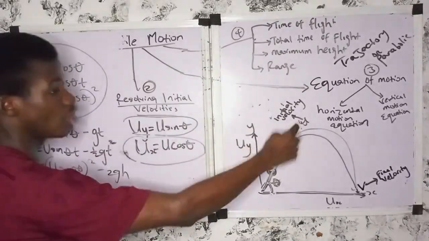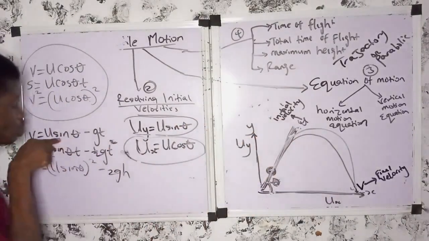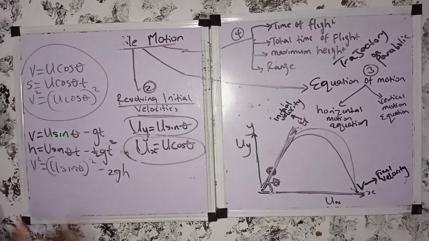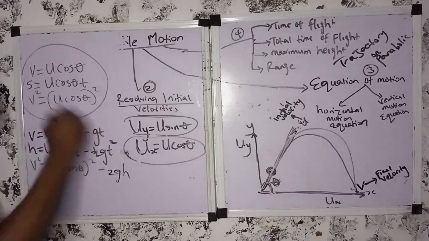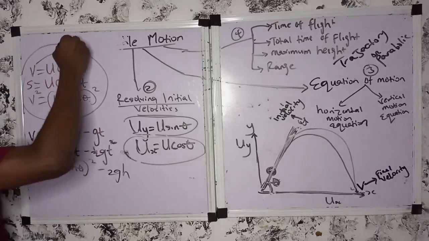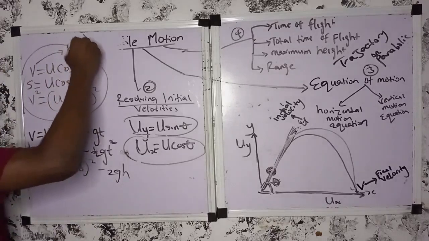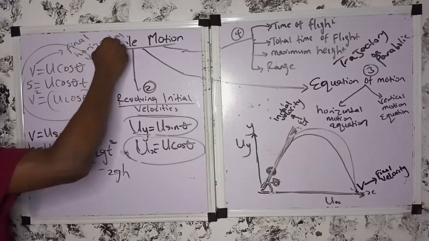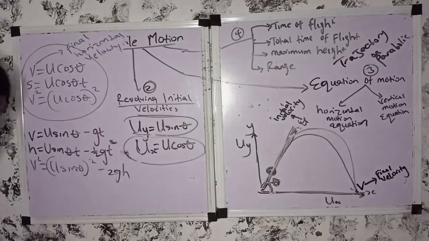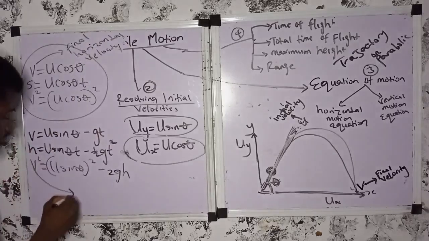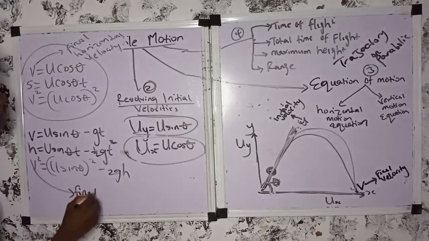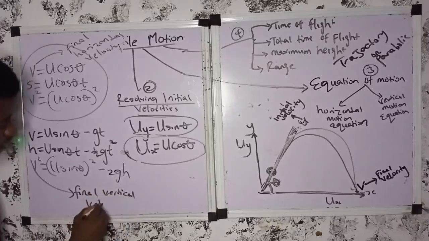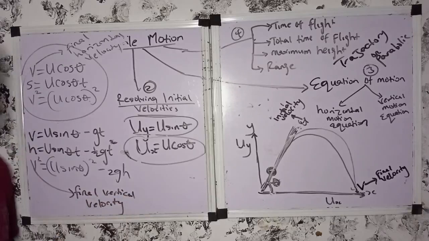When we resolve to this side, it now becomes u sin theta, right? So now let me label it: final horizontal velocity. Then this other one, this v here, is the final vertical velocity. So it's very important.